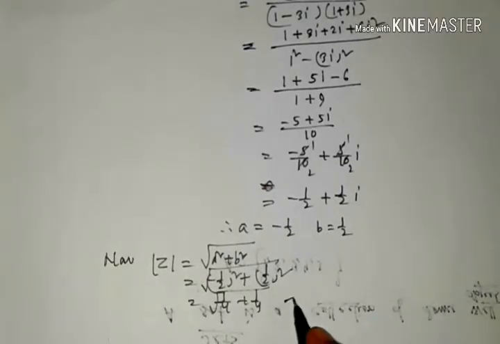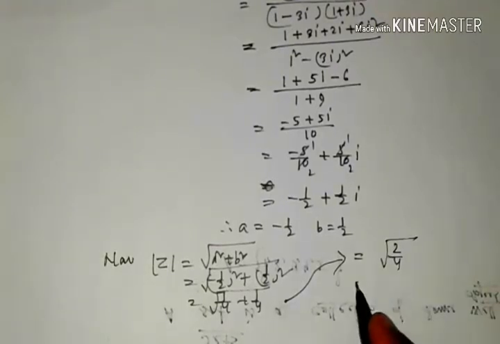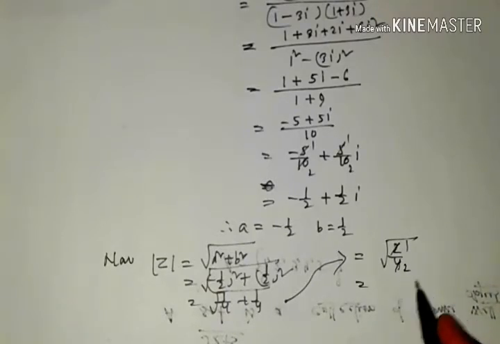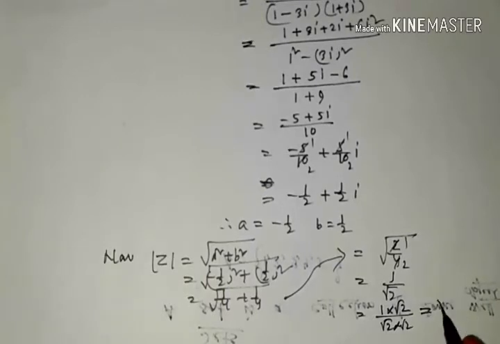This can be written as root over 2 by 4, that is root over 1 by 2. This is 1 by root 2. This also can be written as 1 into root 2 by root 2 into root 2. If we rationalize this part, this is root 2 by 2. This is the modulus of the complex number.